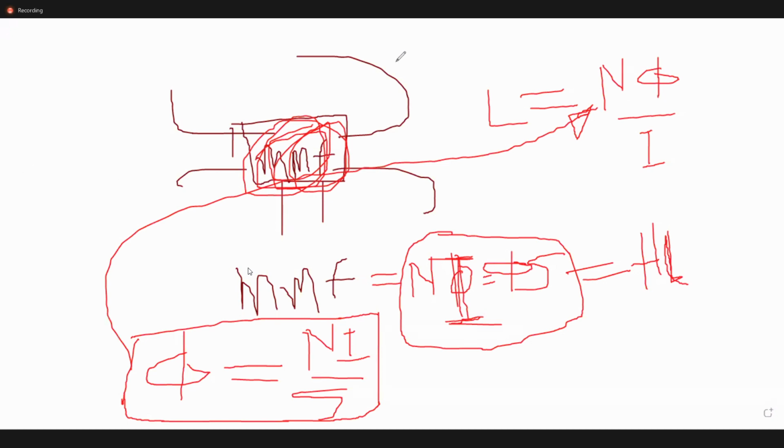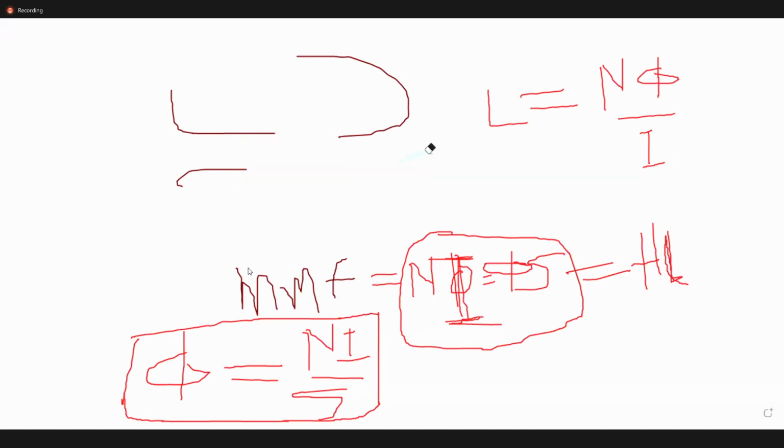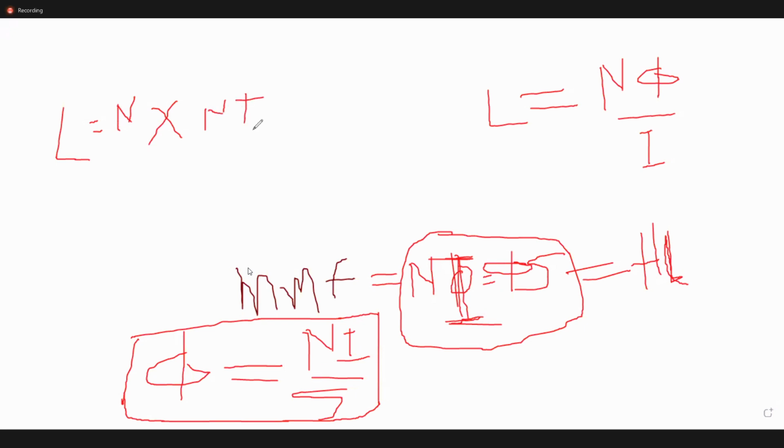I will erase this. Then I will take this. Put the phi over here. L is equal to N as it is into phi formula Ni by S. S is called as reluctance.